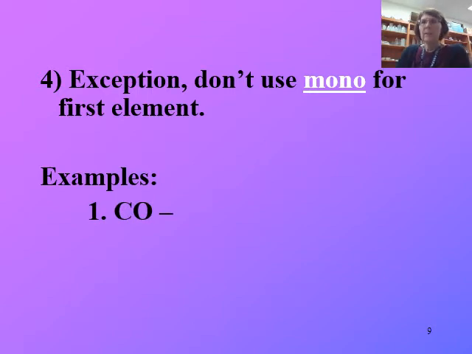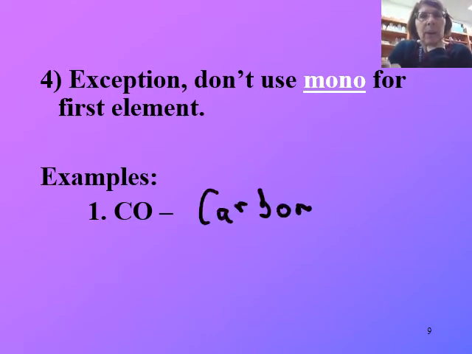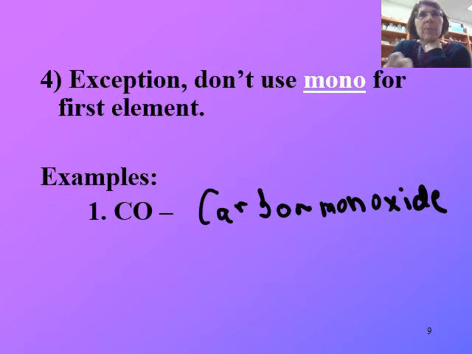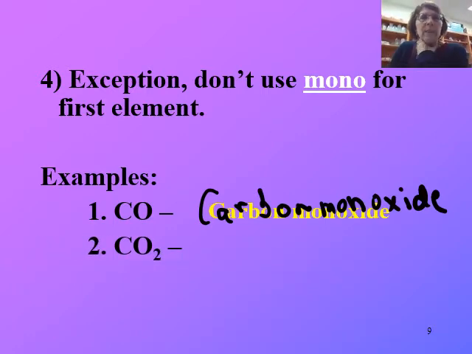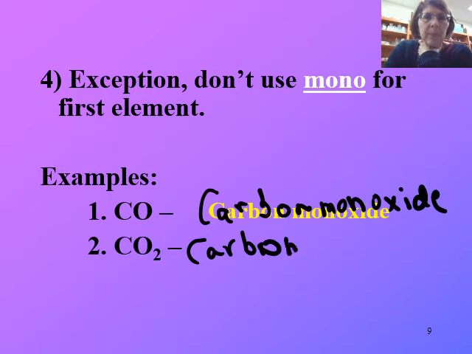So we're going to name C, which is carbon, and then we have 1 oxygen, so we write monoxide. Now again we have carbon, and then it's dioxide.